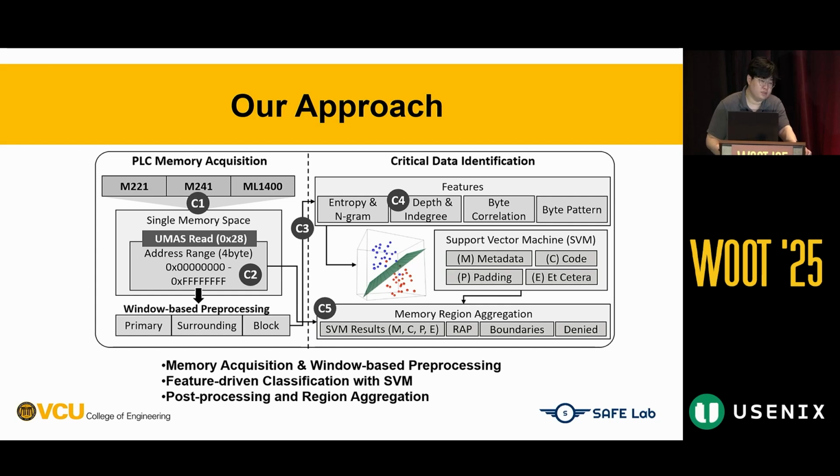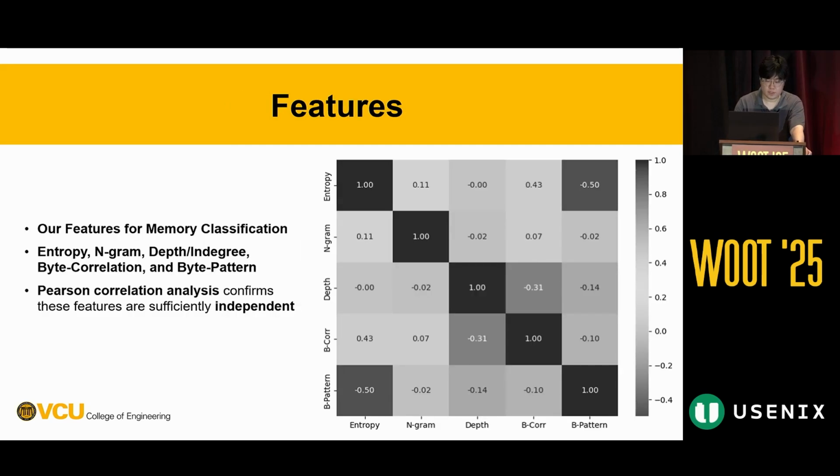Because we design the features and try to do our best, but there's always a chance that we are using features that have the same meaning. So we did the Pearson correlation for evaluating the features.